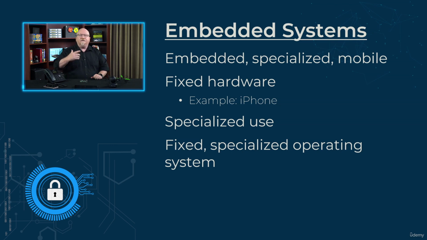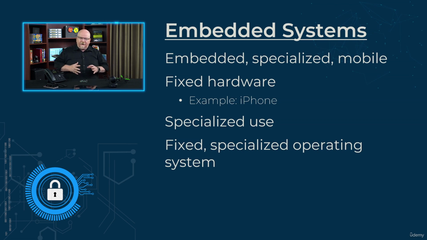You're not going to use that iPhone to play super advanced games, for example. And you don't have the flexibility to change stuff out very much. It's a phone. You use it to talk to people, to text, to do some basic web browsing, and get on Facebook. So when we're talking about an embedded system, it tends to be very, very specialized as well.